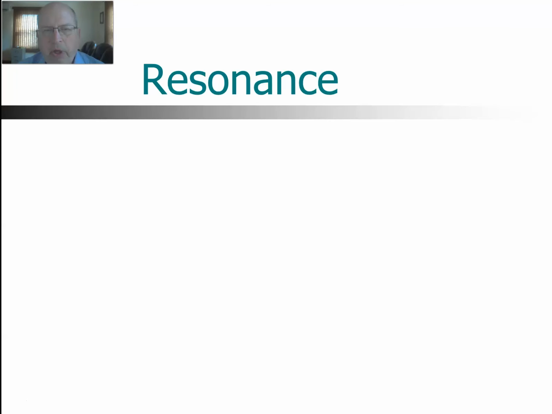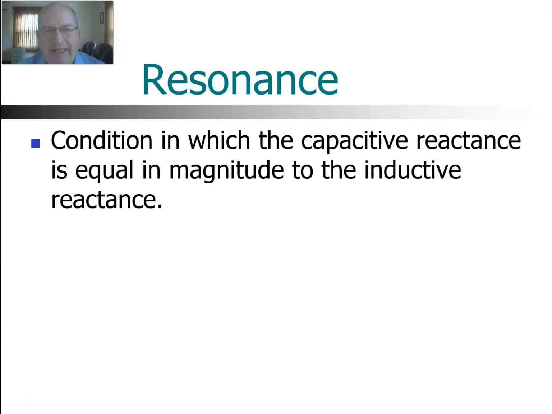Maximum current occurs when we have this condition we're going to call resonance. Resonance is when the magnitude of the capacitive reactance is equal to the magnitude of the inductive reactance. Remember, these are not equal because we have different signs here. The inductive reactance is positive.